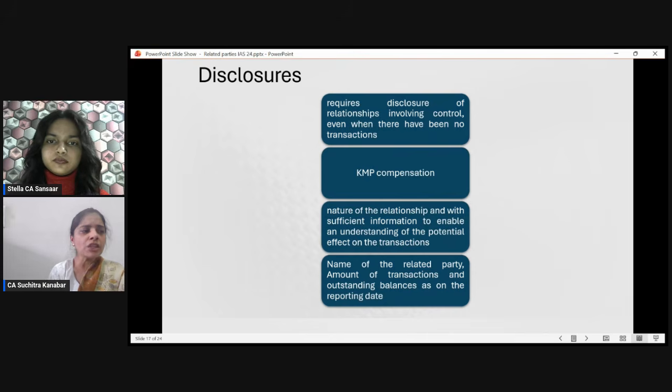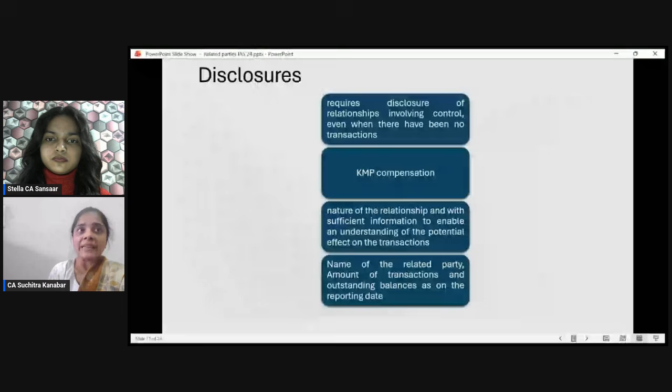Then you have to show the nature of relationship with the related party, the nature of transaction entered into, the amount of the transaction, the amount outstanding at the reporting date, then provision for doubtful debts related to the amount of outstanding balances, and also the expenses recognized during the period with regard to bad or doubtful debts due from related parties.